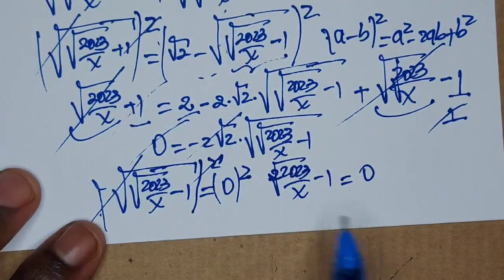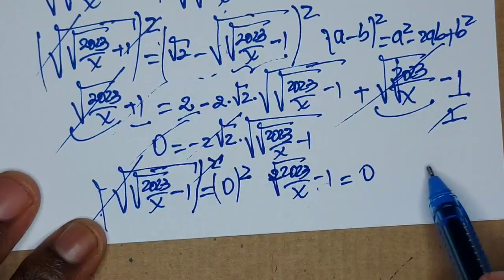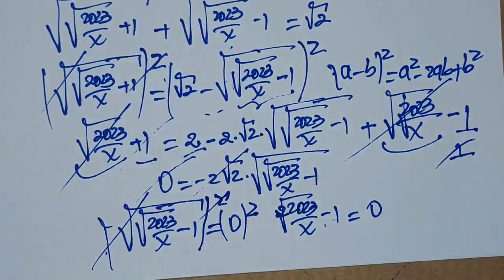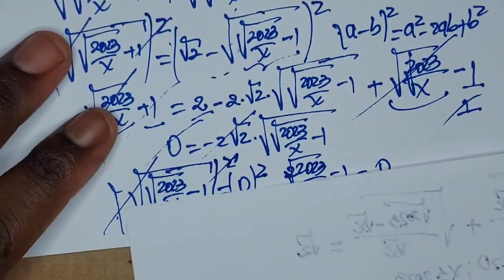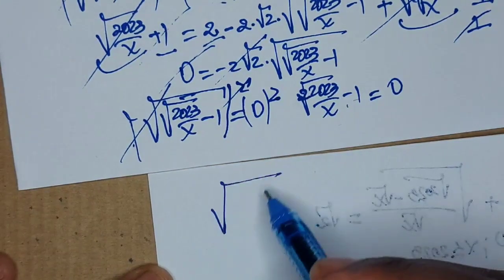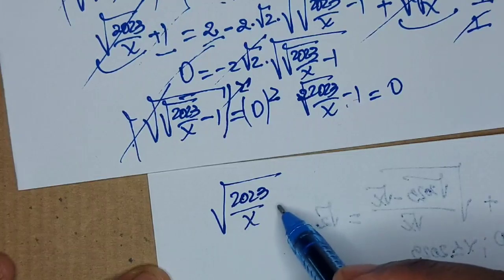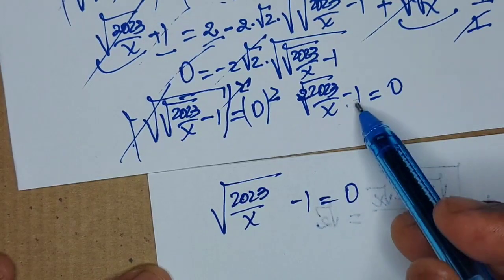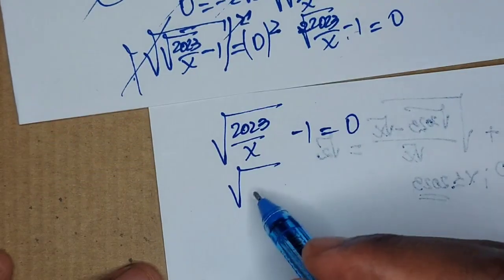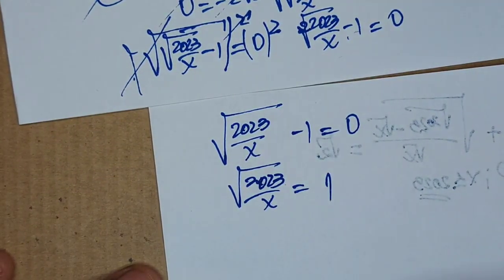Okay guys, now let's send this one to this side of the equation. So now solving this part, we will have square root of 2023 over x minus 1 equals 0, which is the continuation of this. So square root of 2023 over x would be equal to 1.